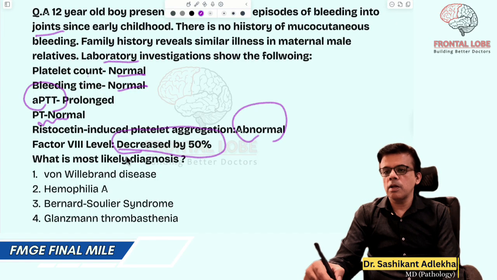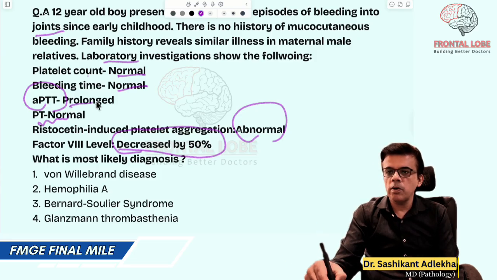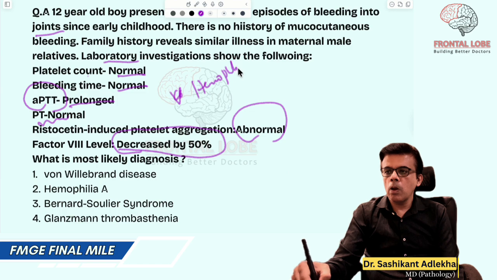So this is the case where APTT is prolonged and factor 8 level is decreased. This can happen in two conditions: hemophilia itself, the most common one, or von Willebrand disease.